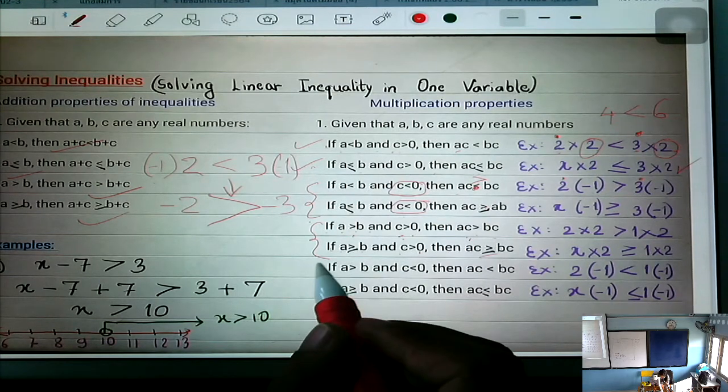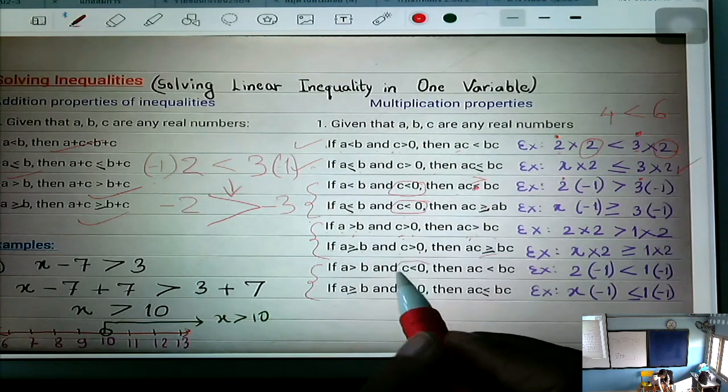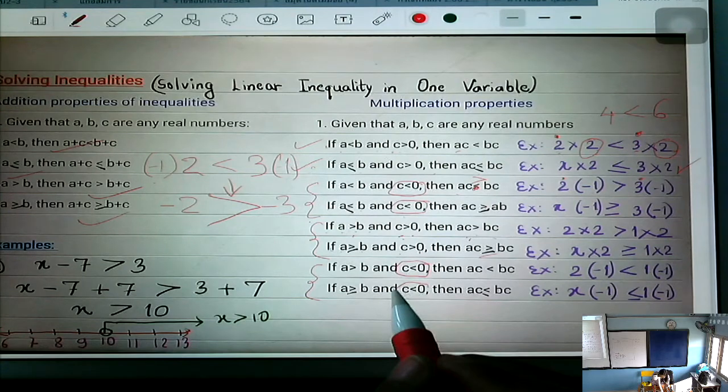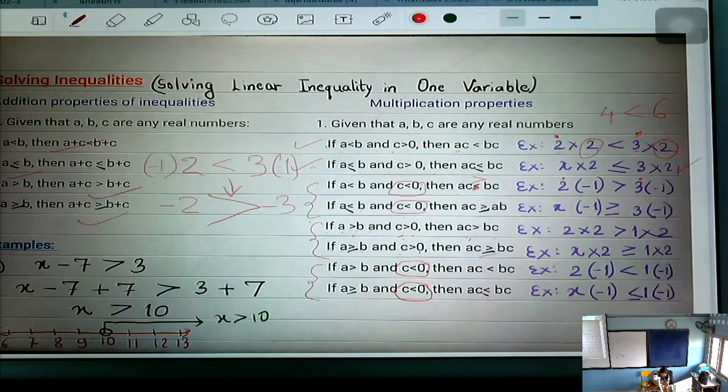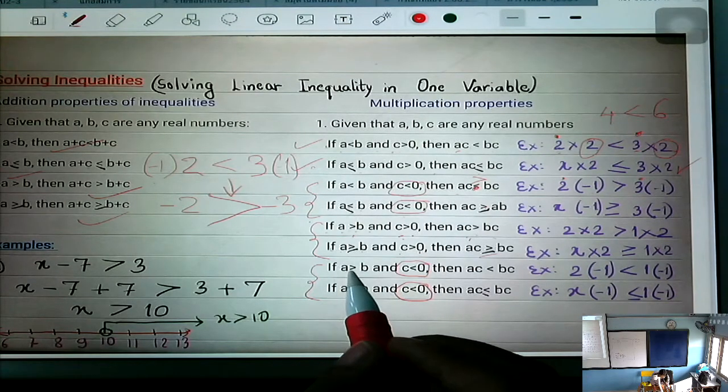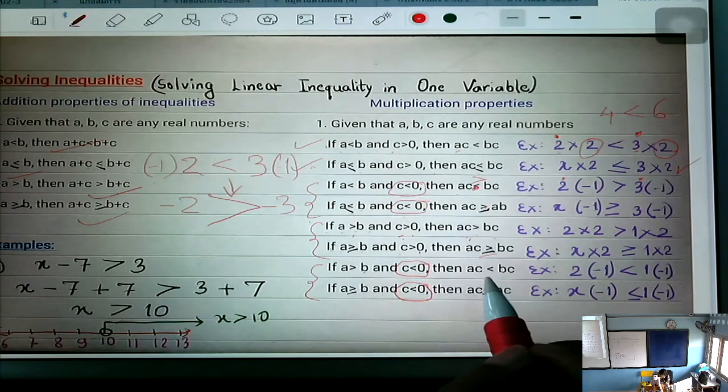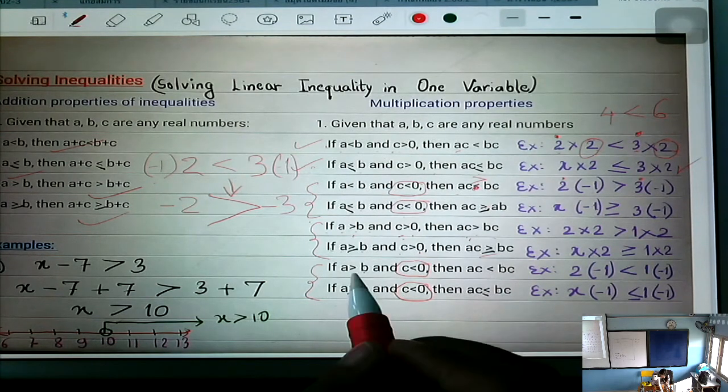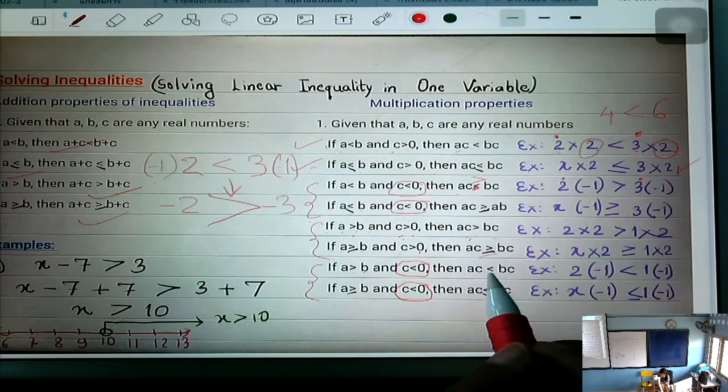Now again these two, look here. Multiply with a negative number. C less than 0 means a negative number. A is more than B. Now look, if you multiply, the more than sign became a less than sign. The sign changed.